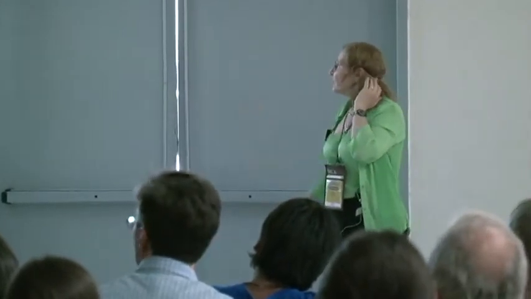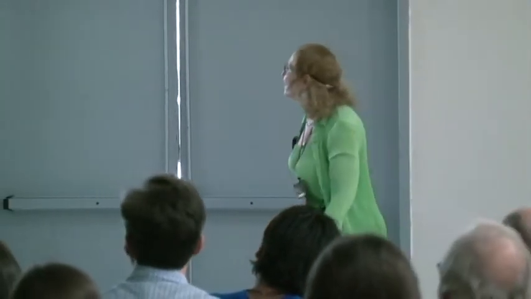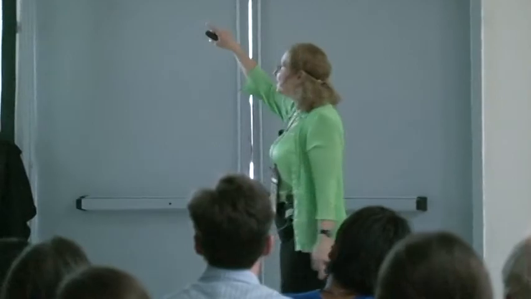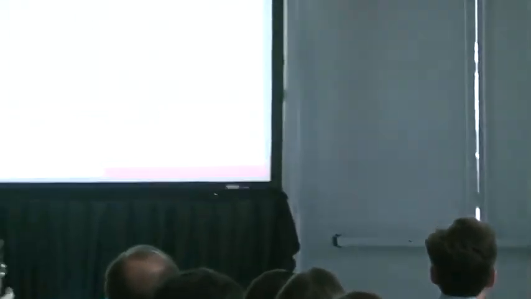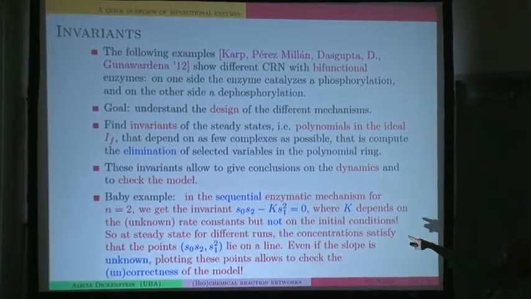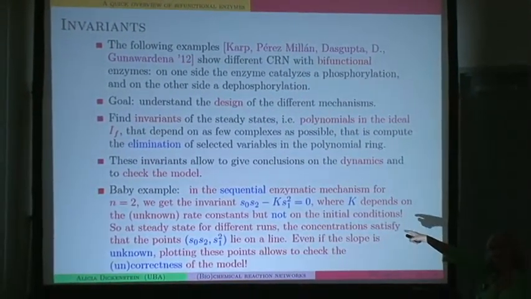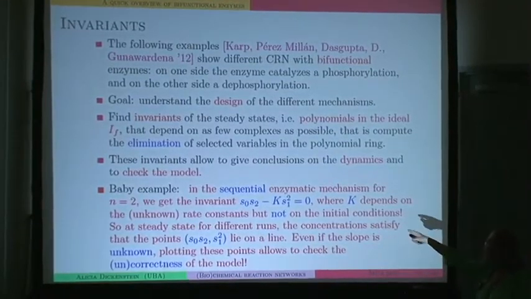I will give you now a baby example of how the invariant could be used to decide if a model is wrong. In the sequential enzymatic mechanism I showed you, it is easy to see that one gets an invariant. S0 and S2 are the concentrations of the substrate and the doubly phosphorylated substrate. This is singly phosphorylated.